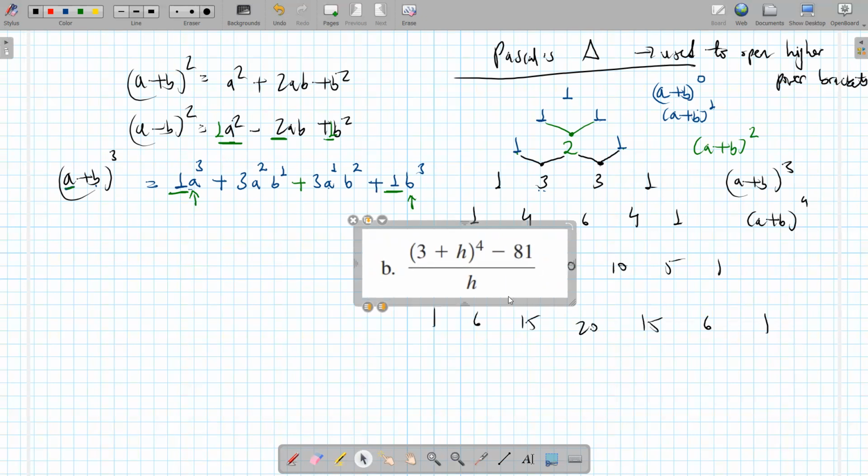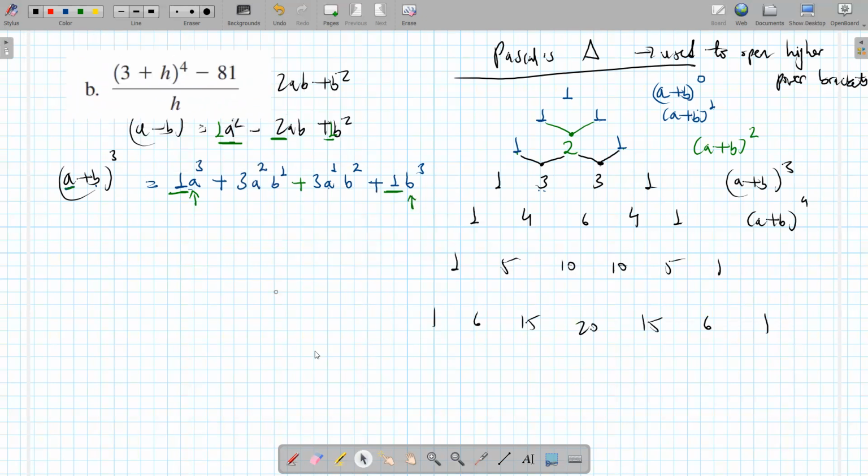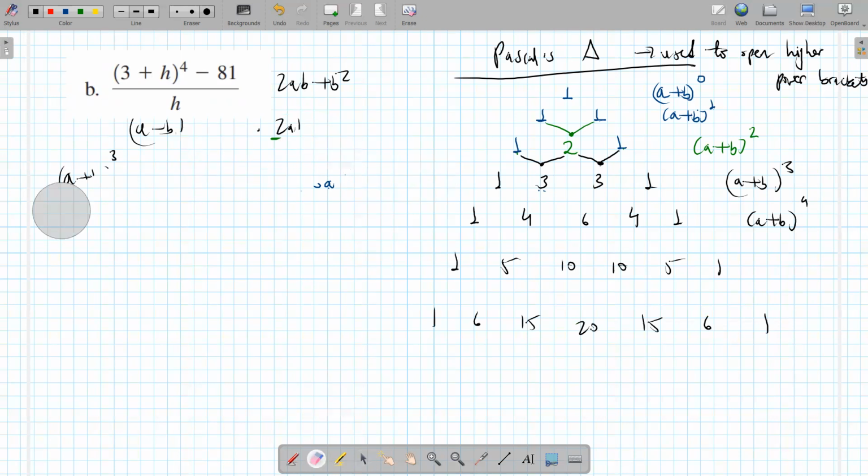So this question has asked us to clean this up, basically simplify this. There's a lot going on, but we have the Pascal's triangle. We should have no problem opening this bracket. Here, I'll help you. When you open this bracket, the coefficient of the first term is a 1.